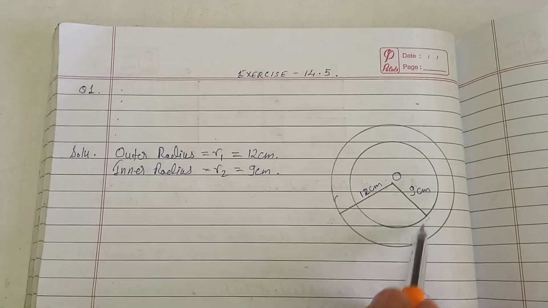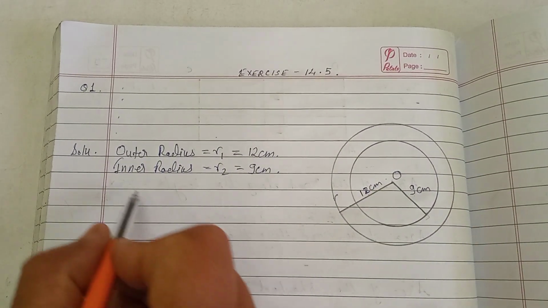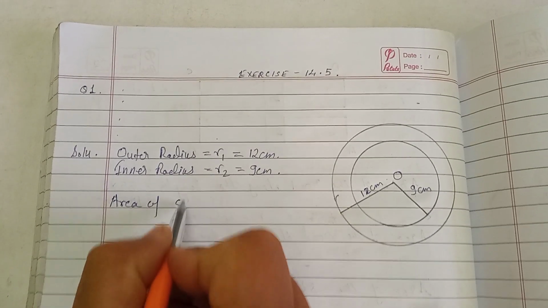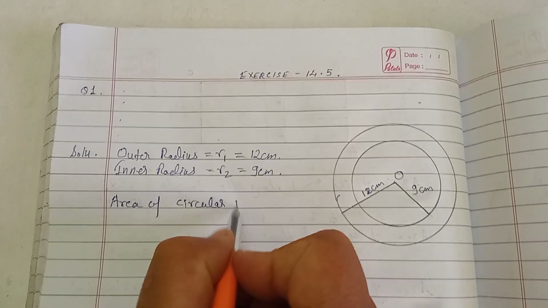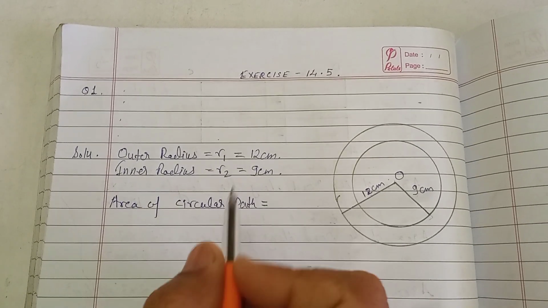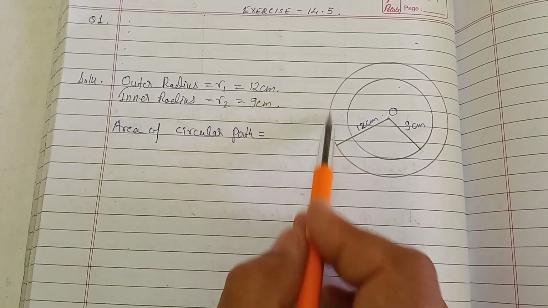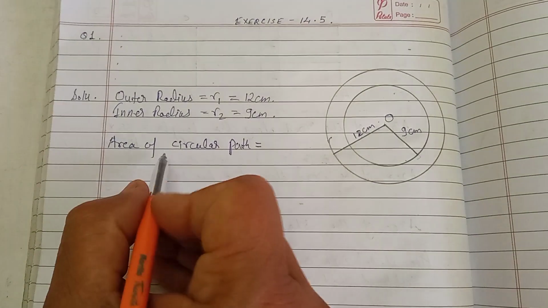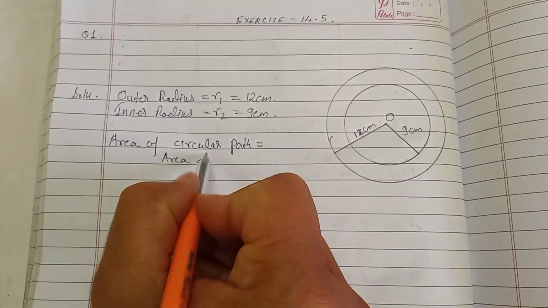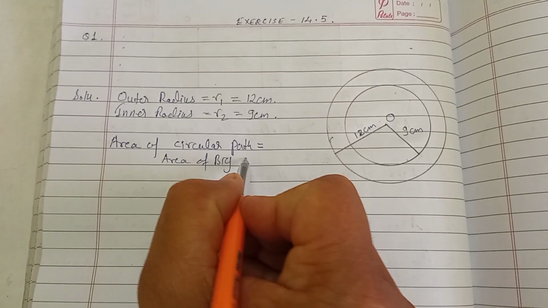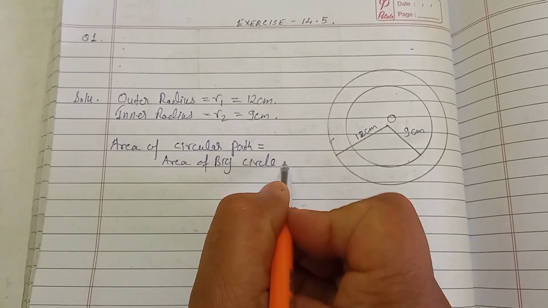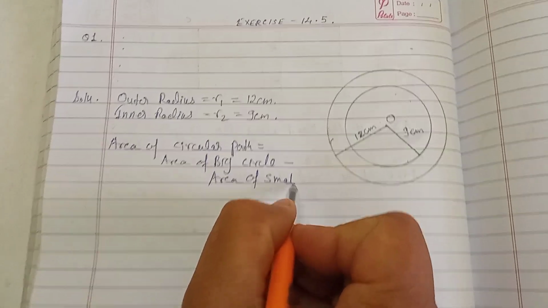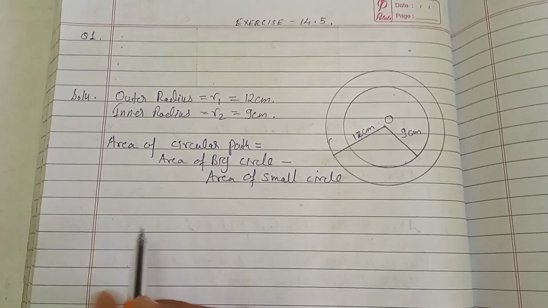Now we have to find the area of this circular path. How to find it? Area of circular path equals area of big circle minus area of small circle.